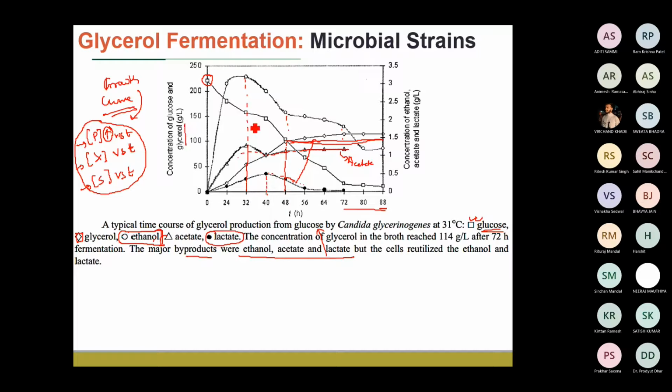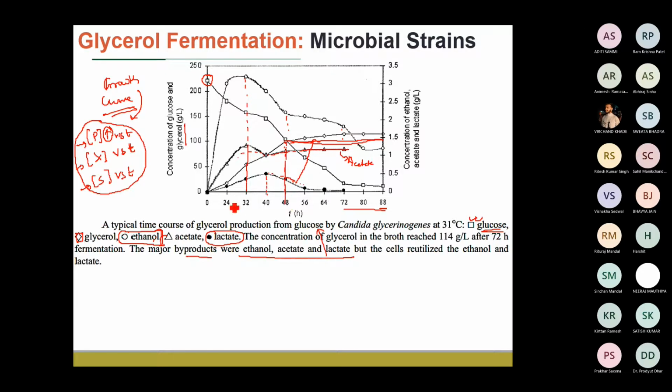So that is how you can see the production of the glycerol in this graph. For example, this bar is rapidly increasing until this point, and then there is a slight increase, and then it stabilizes. So you can break this graph into two parts.